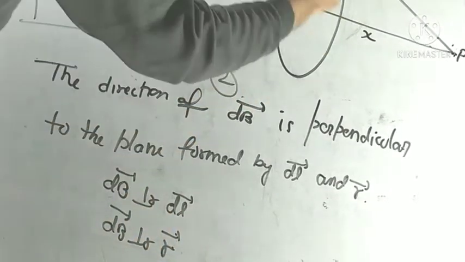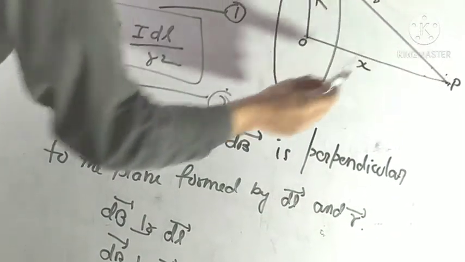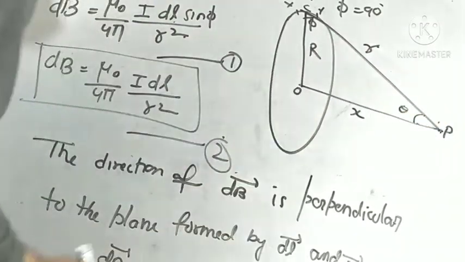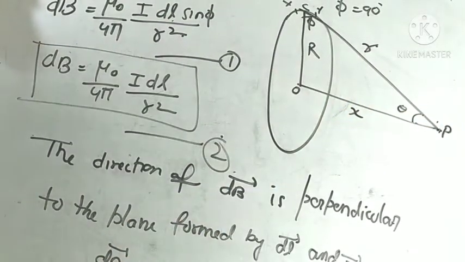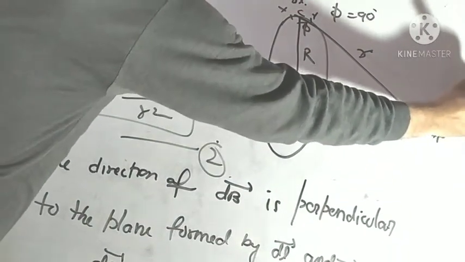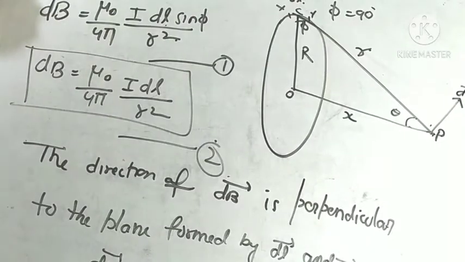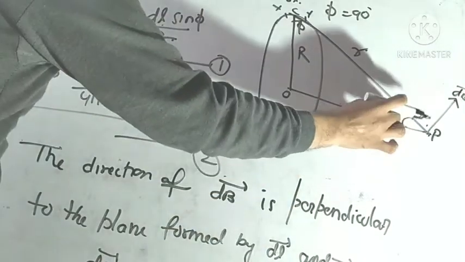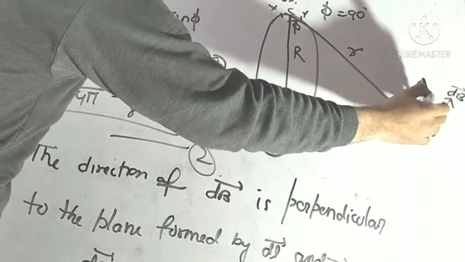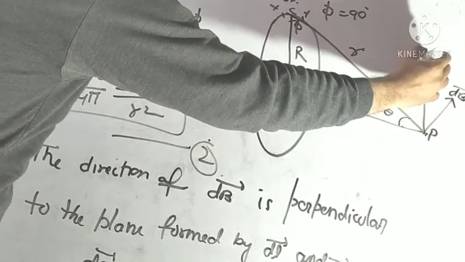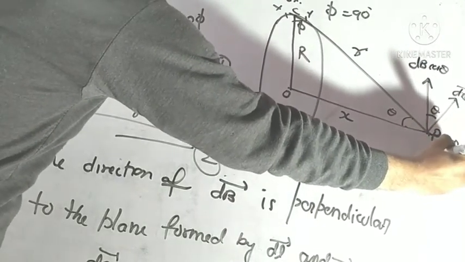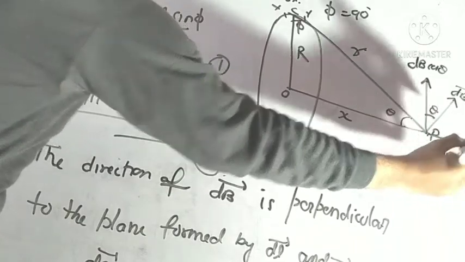The distance of point P from the small element is r, which makes an angle theta with the horizontal, I mean with the axis. The direction of dB is along this direction, perpendicular to r. So dB is resolved into two components, one along the vertical direction, dB cos theta, and another, dB sin theta.